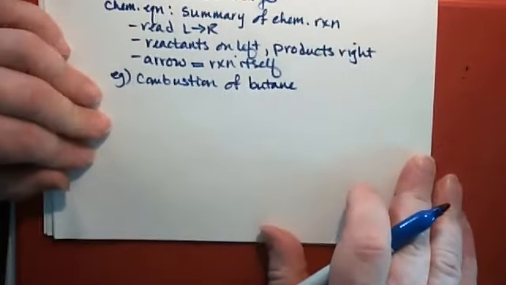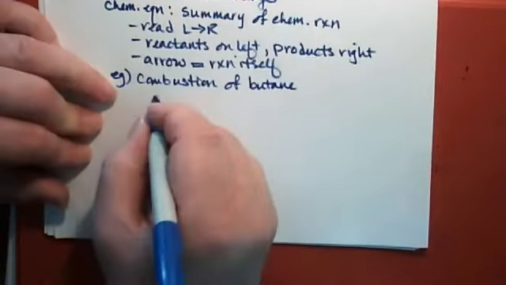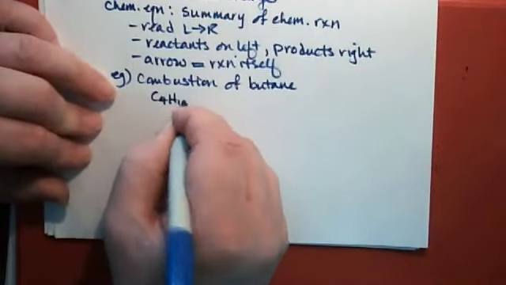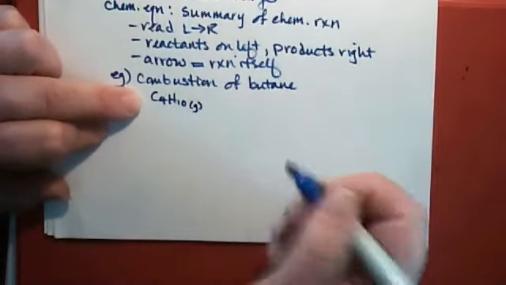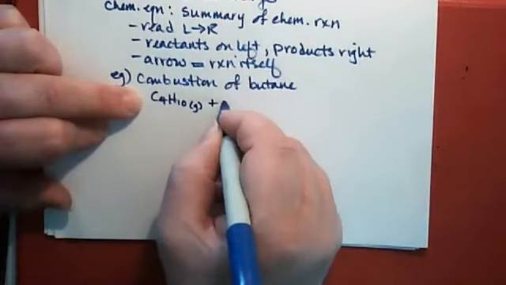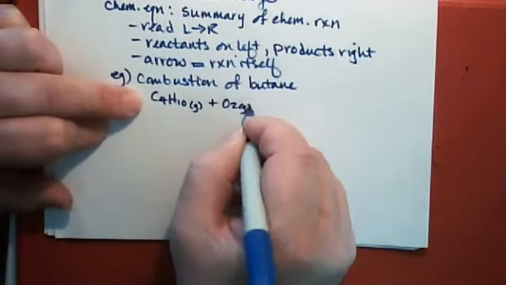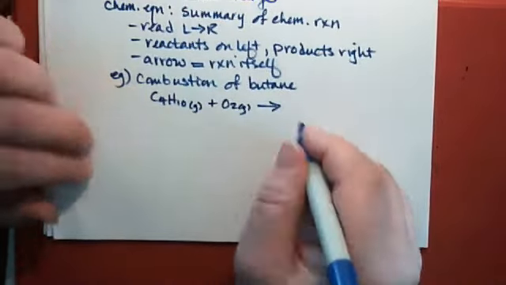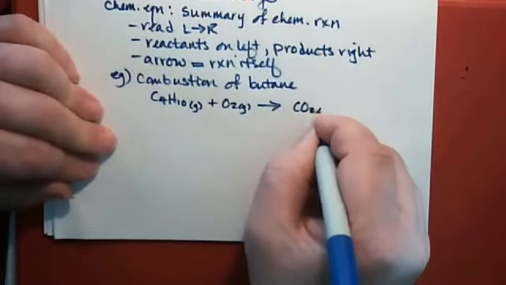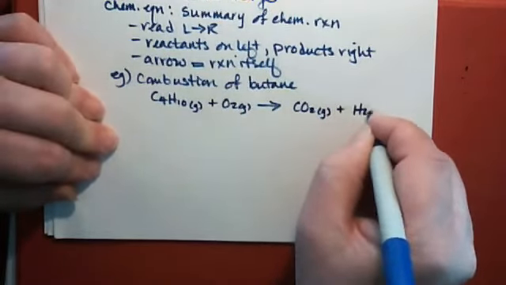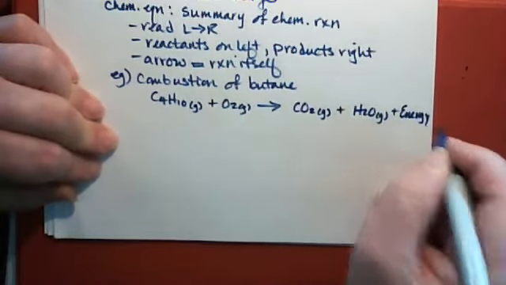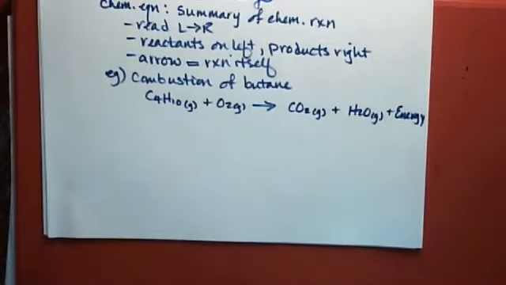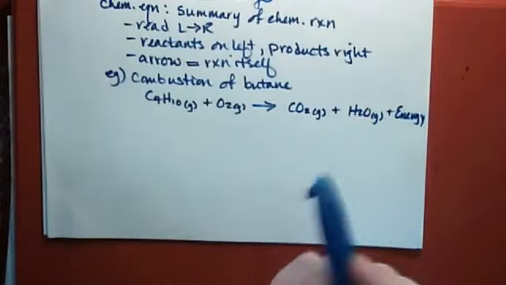Combustion is just a fancy science word for burning something in the air. Butane has the formula C4H10. It's a gas. If you look at a butane lighter, actually, if you have one of the transparent ones, you may see liquid sloshing around inside.